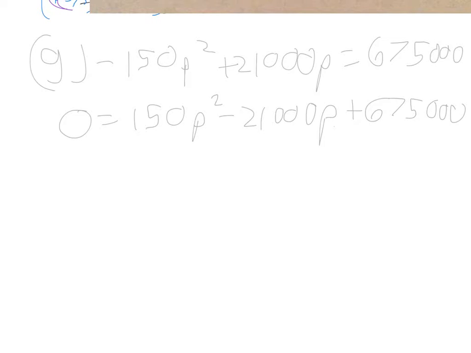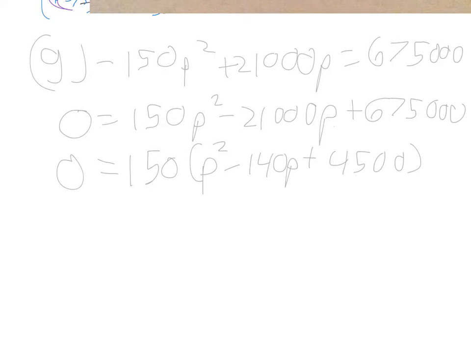If you move everything to the same side, you should have this quadratic: 0 equals 150p squared minus 21,000p plus 675,000. I would recommend factoring out 150, because that would give you p squared minus 140p plus 4,500 equals 0.